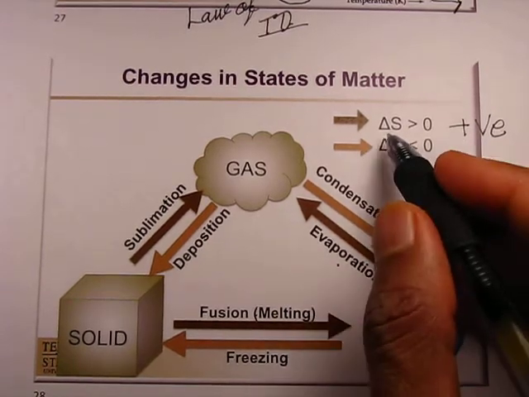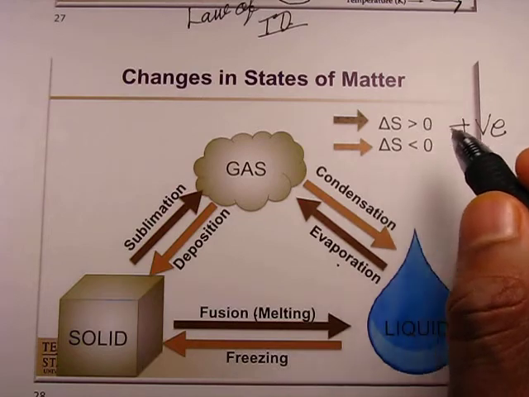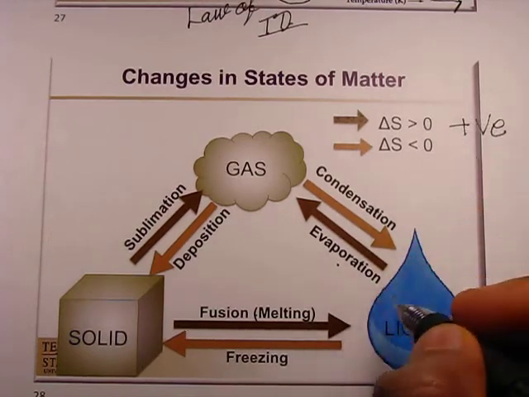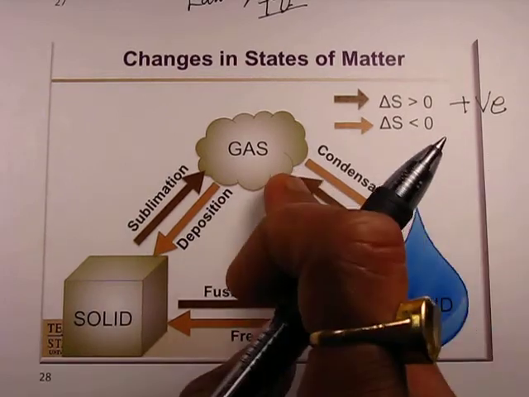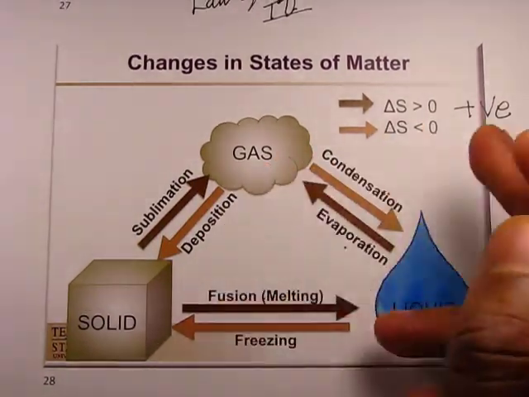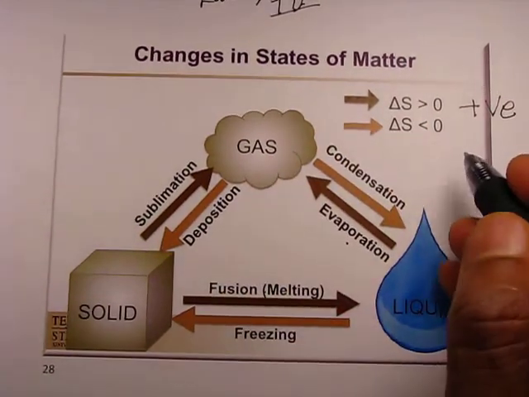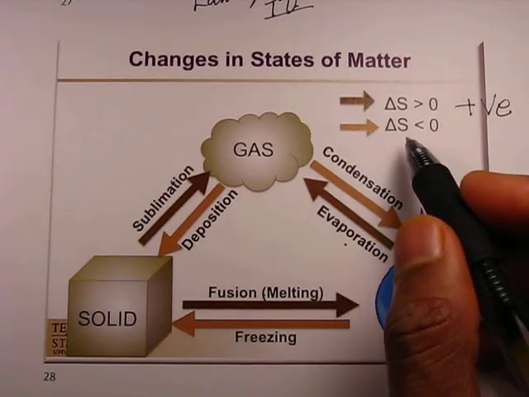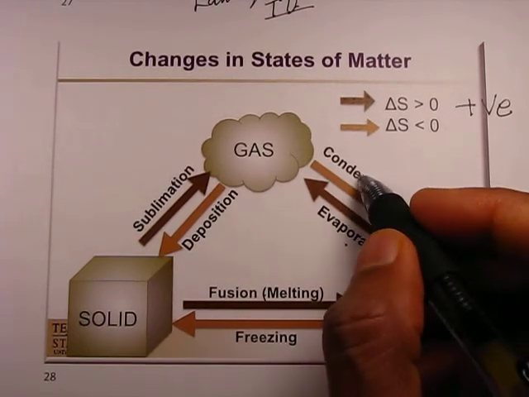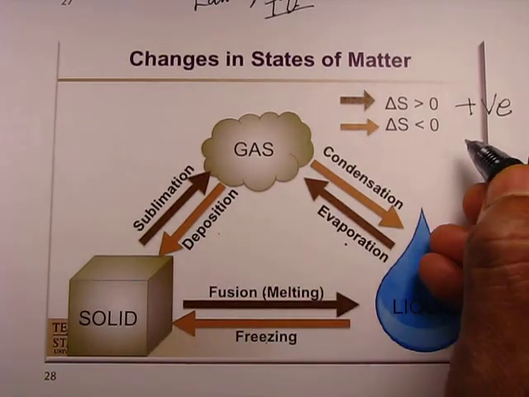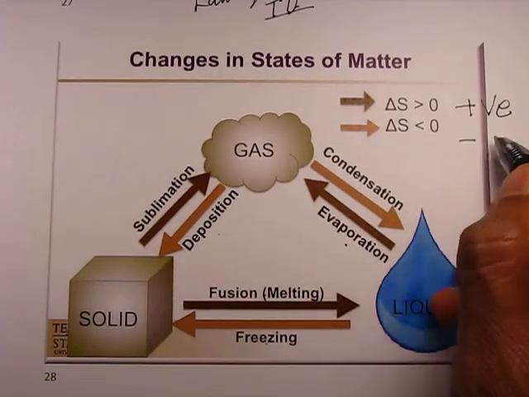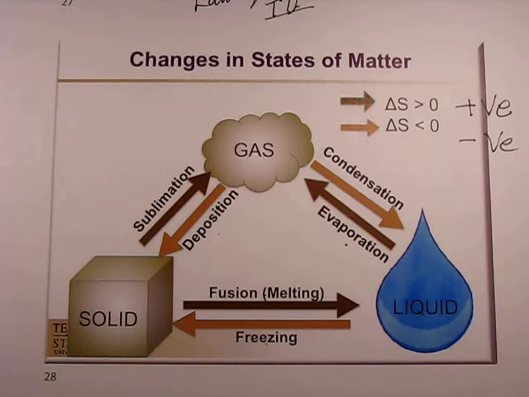Entropy is increasing; randomness is increasing as we move from solid to liquid, liquid to gas, or solid to gas. The light brown arrows show condensation, freezing and deposition, where entropy decreases, or the sign of the entropy change will be negative.